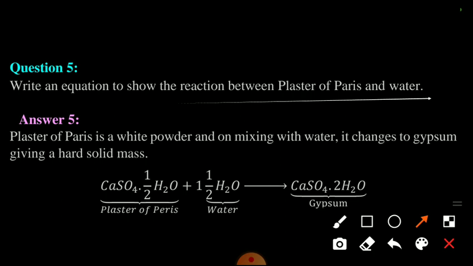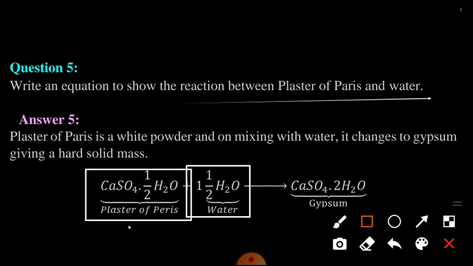That is plaster of Paris. When we react it with water, then 1.5 molecules of water will react with this, and then there will be the formation of CaSO4·2H2O, which is called gypsum.